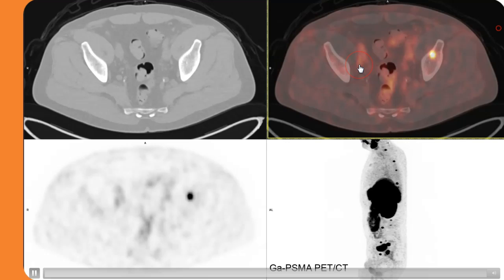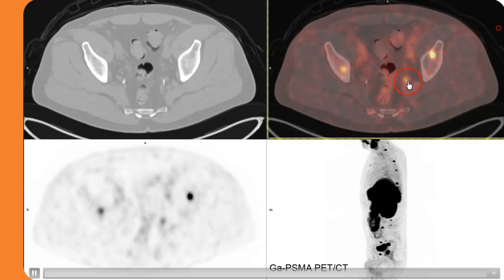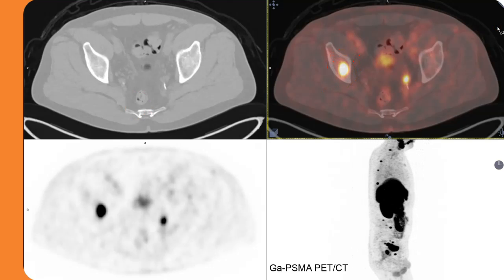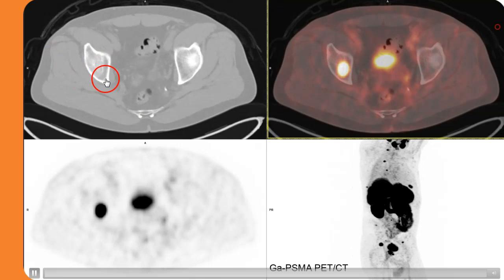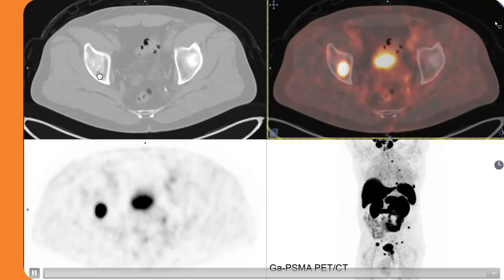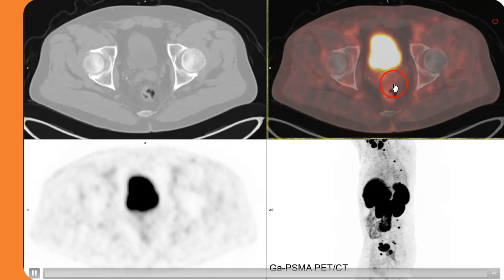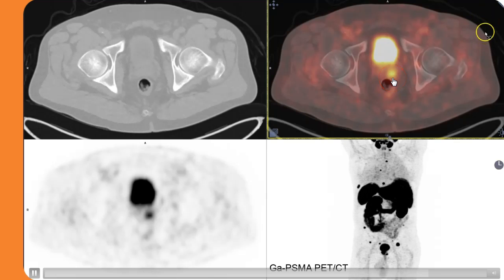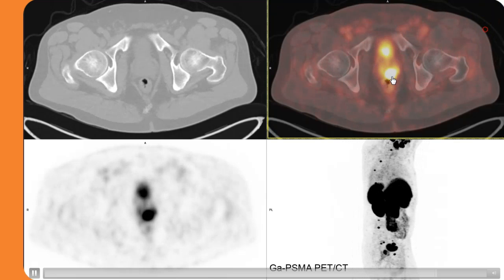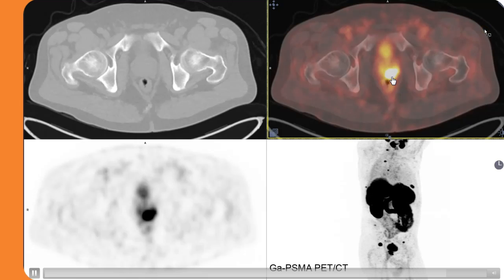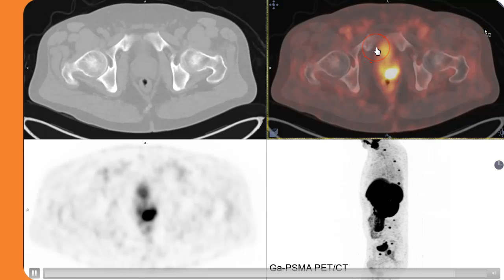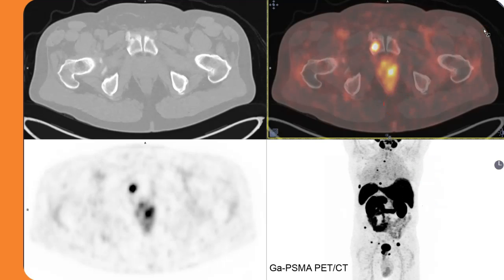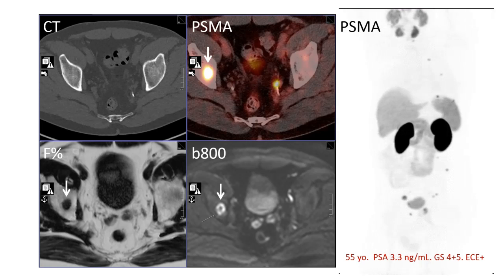We see obturator lymph nodes, internal iliac lymph nodes, and we see this very large metastasis, which is invisible really on the CT scan. Finally, I think we see the seminal vesicle involvement here. We see the primary prostate cancer further down, and then we see the metastasis in the right side of the pubic bone. So this patient has polymetastatic disease.